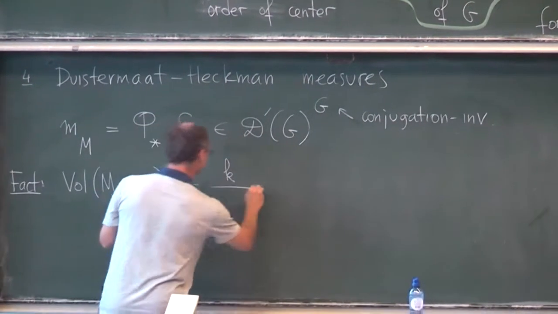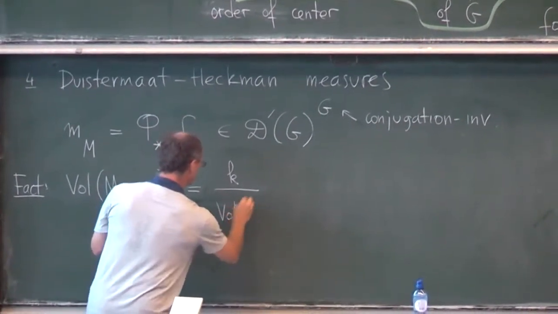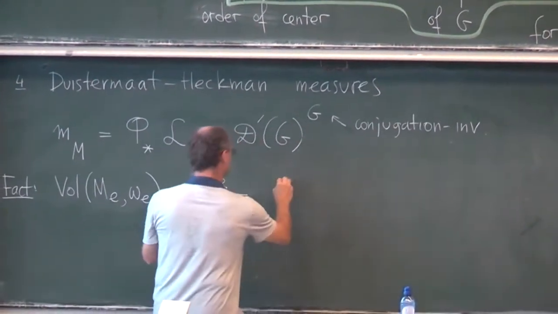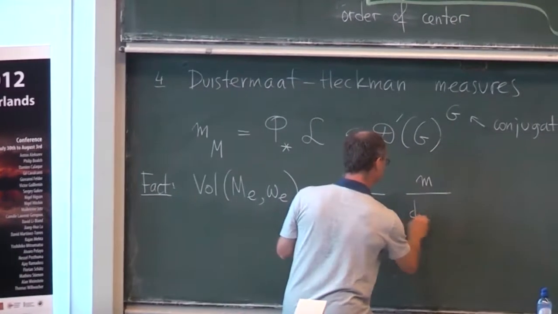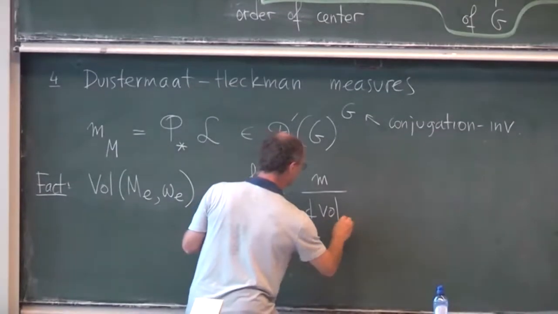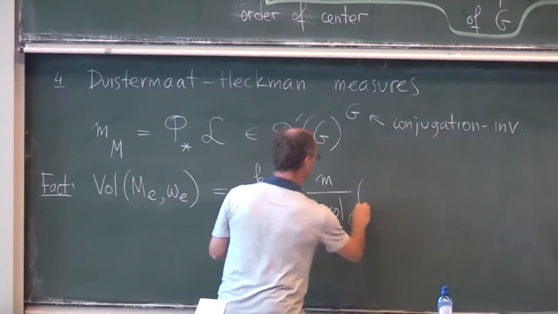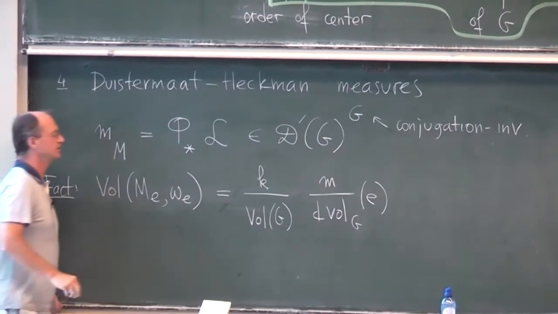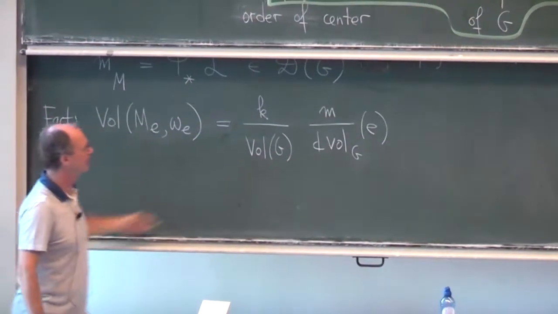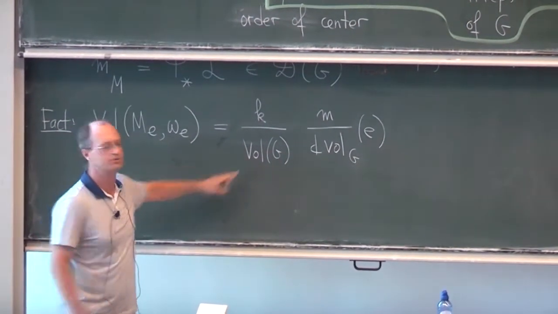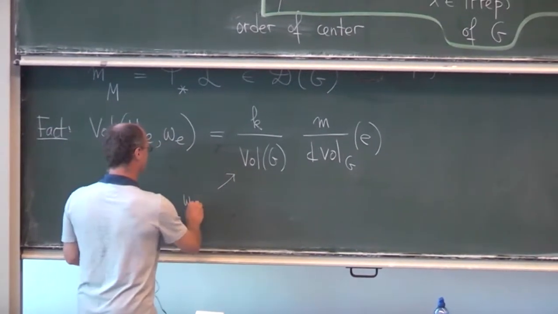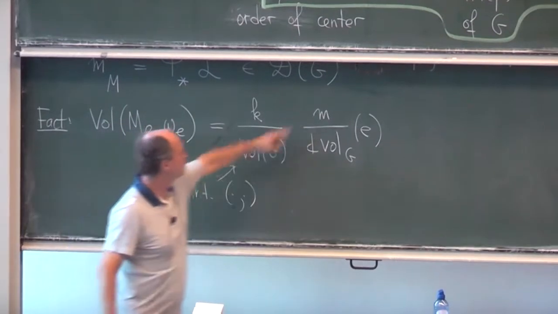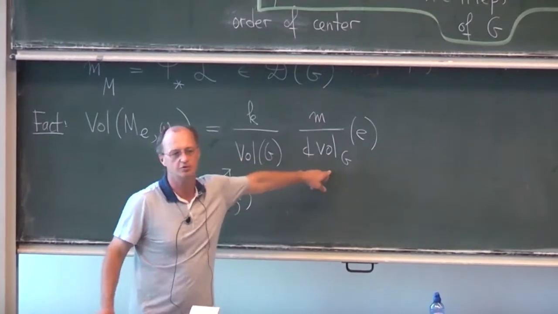It is some number k divided by the volume of G, and here the quotient of M by dVolume of G computed at the group unit. Let me explain the notation. The volume of G we already said: that's the volume with respect to the scalar product. Now, what is this M divided by dVolume?